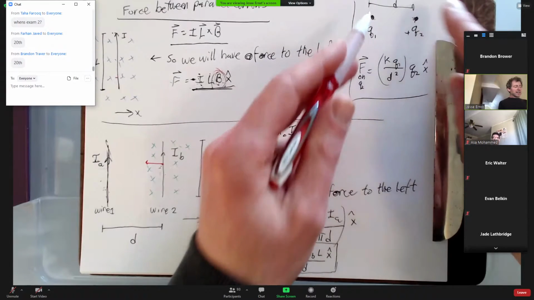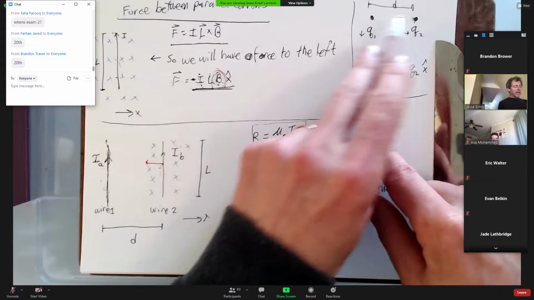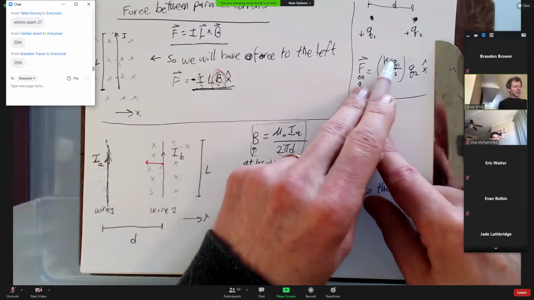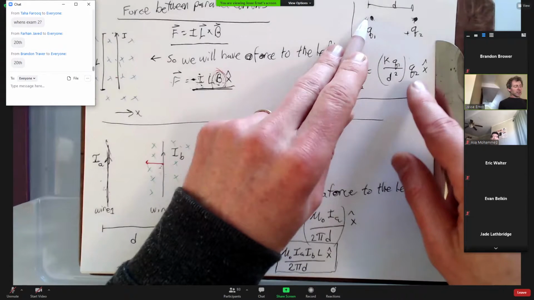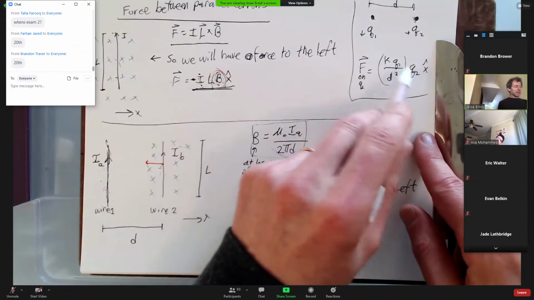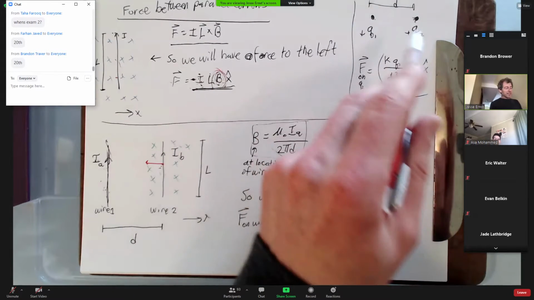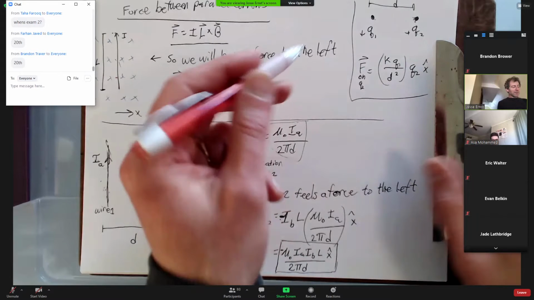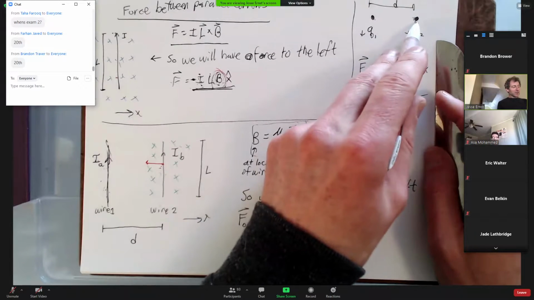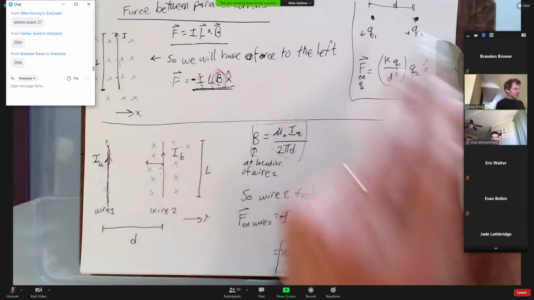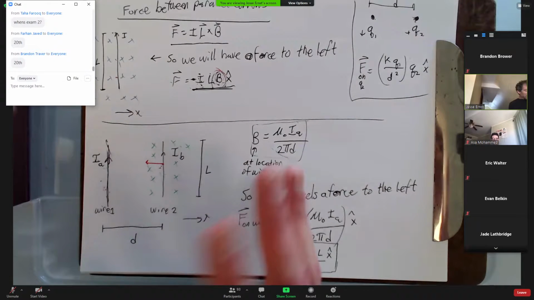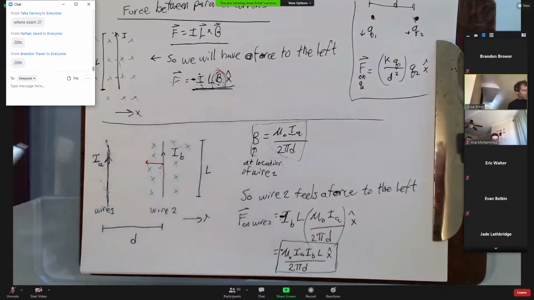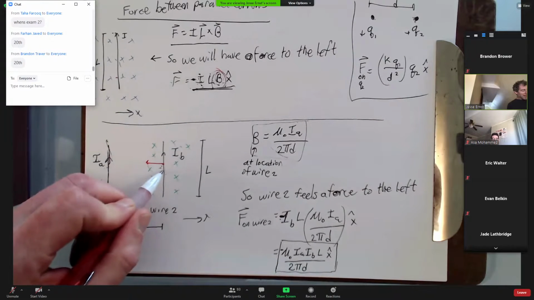The E field here from this will be kQ2 over D squared, and then you'll have that times Q1, the charge. So these just reverse places, but the force is the same, which it needs to be. If this applies some force to that, then this has to apply the same amount of force to this. I'll explain it quickly, but you should do it in detail on your own: find the force on this from that.